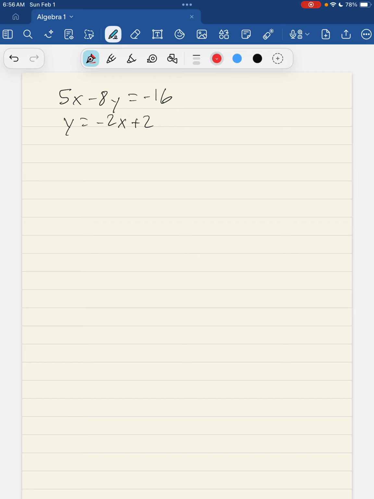So we're going to take this whole shebang and substitute it in for y right there. And this guy becomes, I'll write it over here, 5x minus 8 parenthesis this whole expression, negative 2x plus 2 equals negative 16.